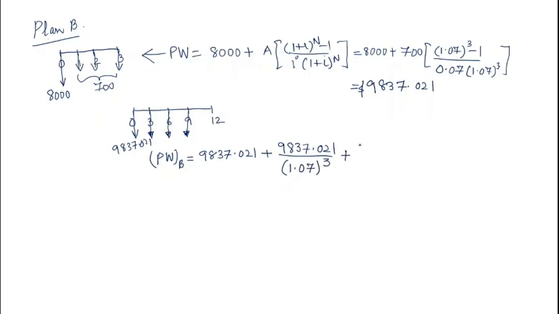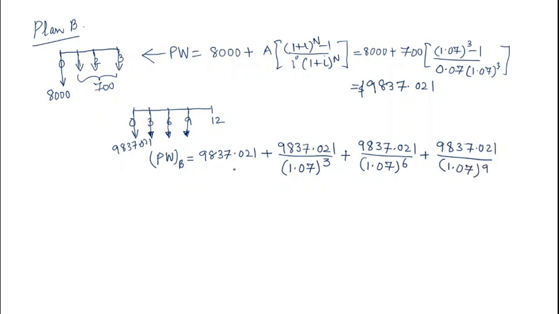Again in the next one, 9837.021 over 1.07 to the power 6, and the last one as 9837.021 over 1.07 to the power 9.